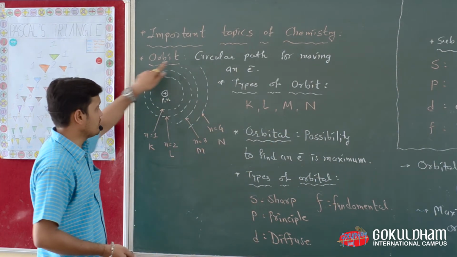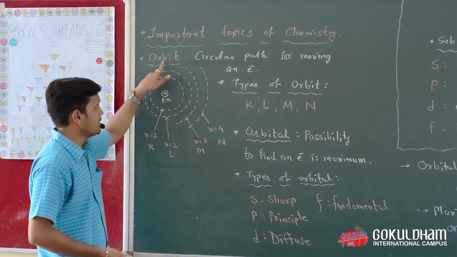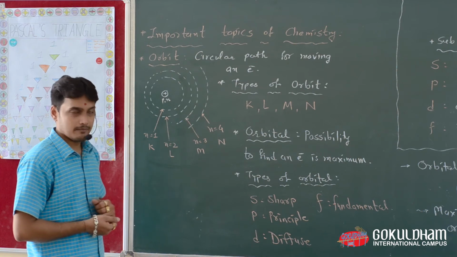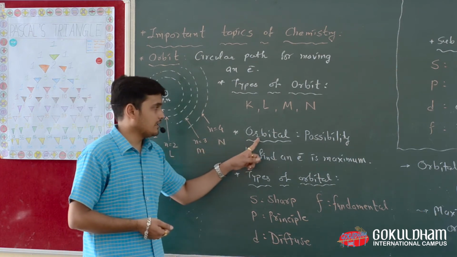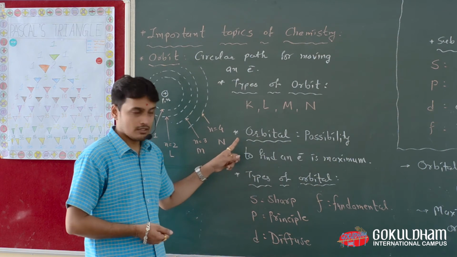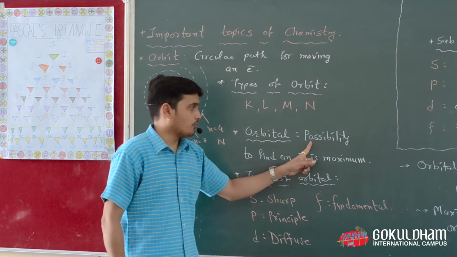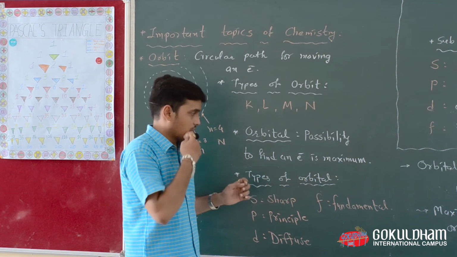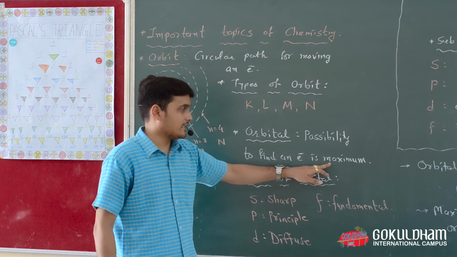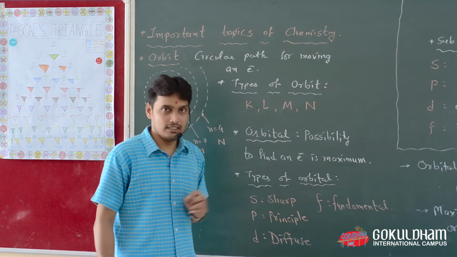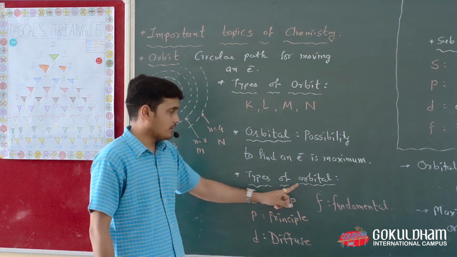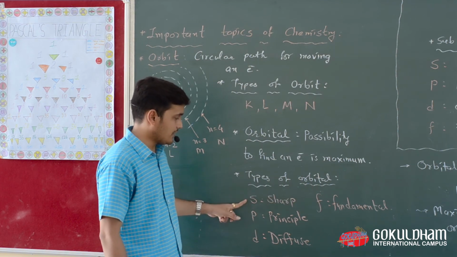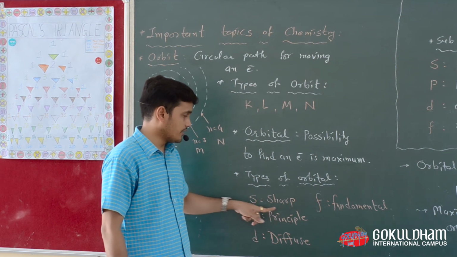We said that the electrons are moving around the nucleus in these orbits, but the electrons are not freely movable. The electrons are stored in orbitals. So we define an orbital as the region where the possibility to find an electron is maximum. Over here you can find the electron very easily. The types of orbital: the first type is small s, which comes from the word sharp.